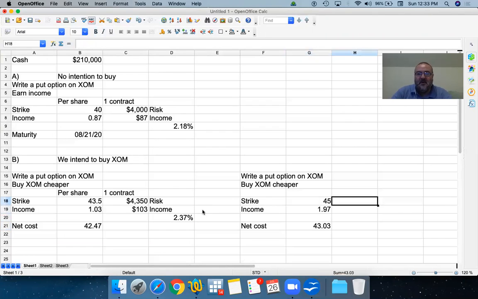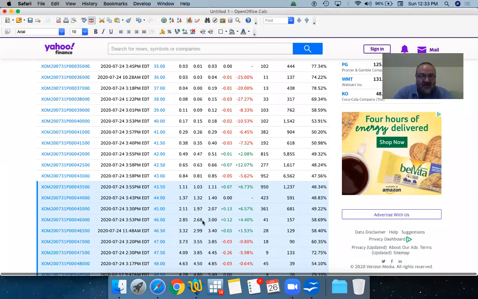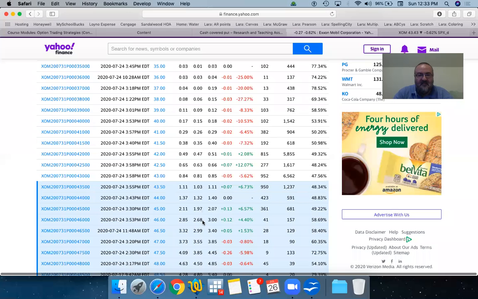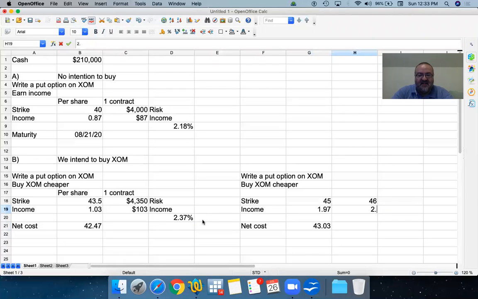Now, if we go, say, 46, it's 268, and then the net cost is 43.32, still 13 cents cheaper than buying it outright on Monday morning at 43.43.